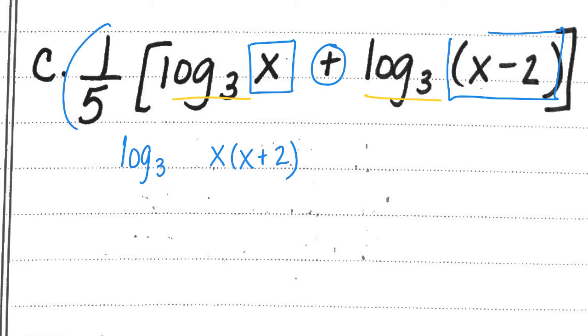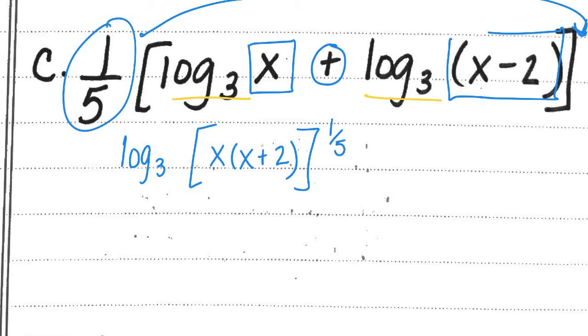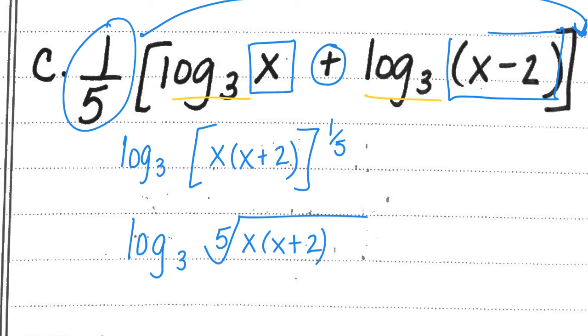I also know that this 1/5 flies over here, so all of this is to the 1/5. But we never write it as a 1/5. We actually have to write it as a 5th root. So this x and x plus 2, because all of that is to the 1/5, has to be under the 5th root.